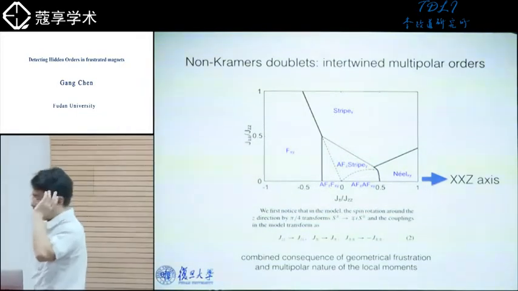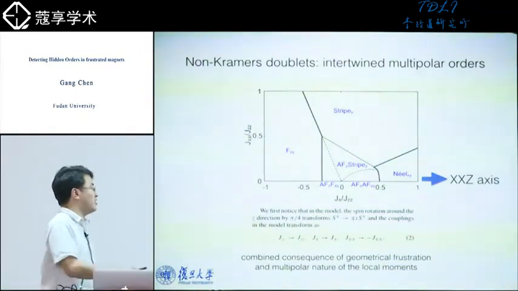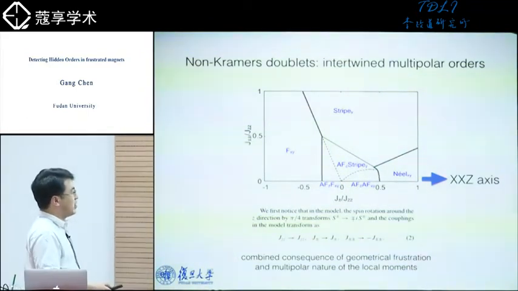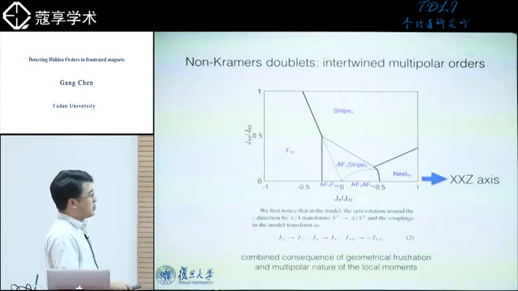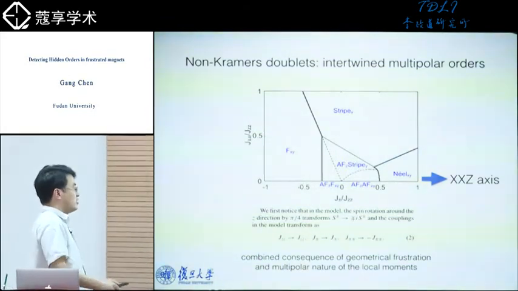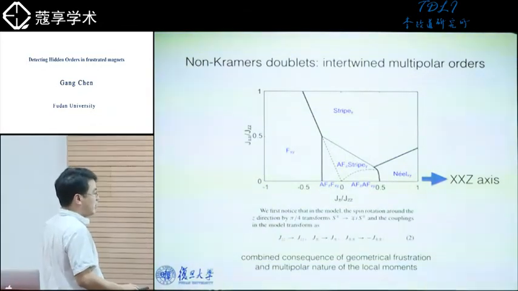So this looks completely trivial. Moreover, there is a property: this phase diagram is symmetric for positive J++ and negative J++. If we do a rotation around the z-axis by this angle, I think it's a pi/2 rotation.